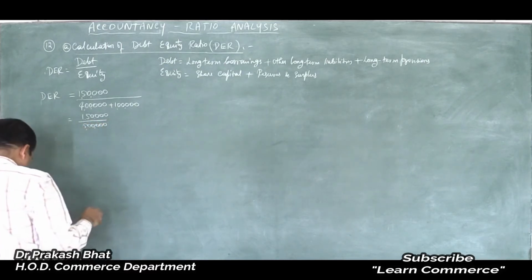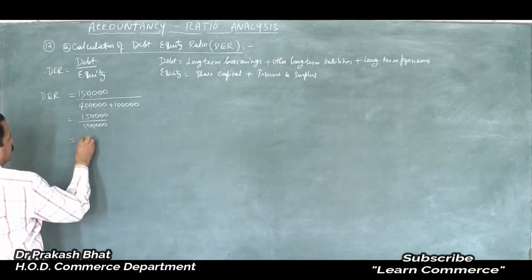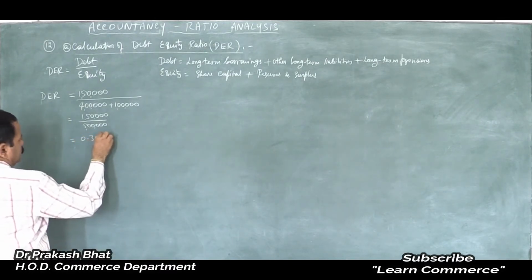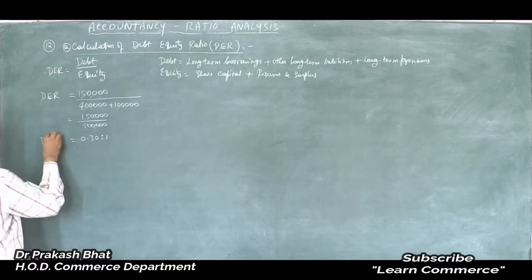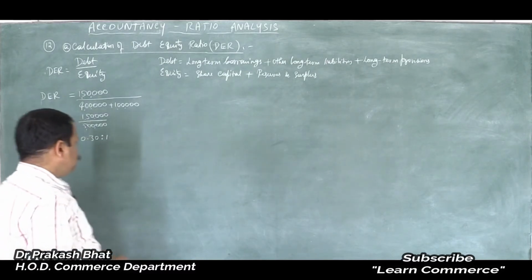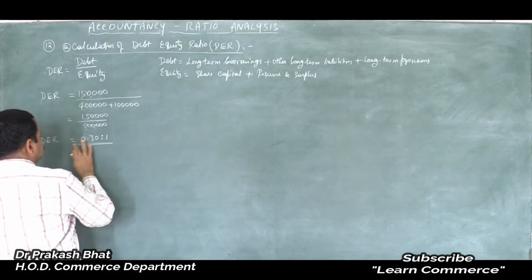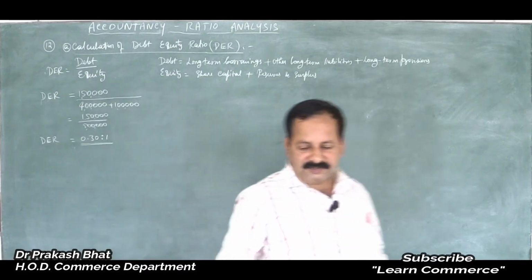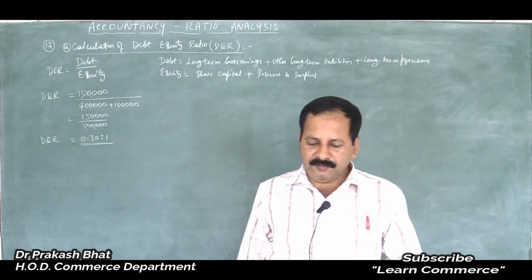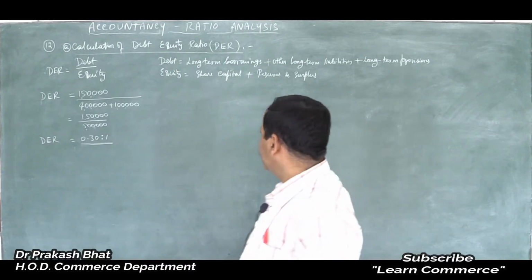So it will be 0.30 is to 1. That is, debt equity ratio is equal to 0.30 is to 1. First part, the debt equity ratio, is solved.